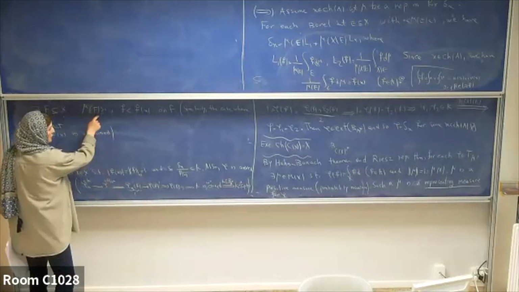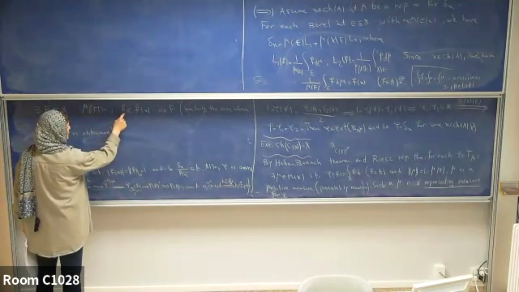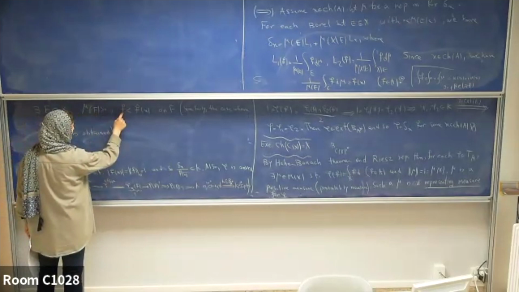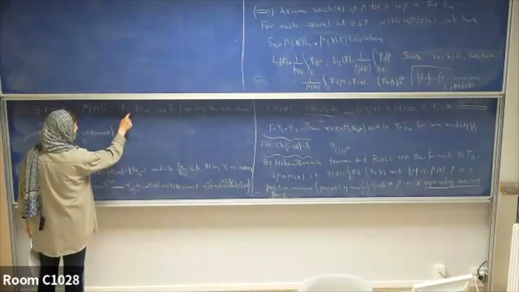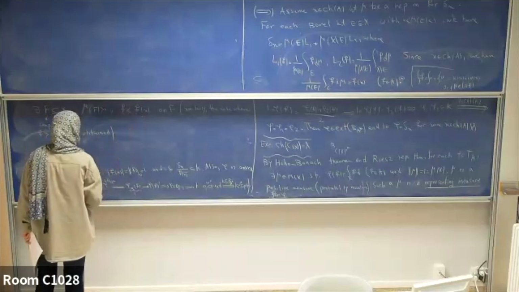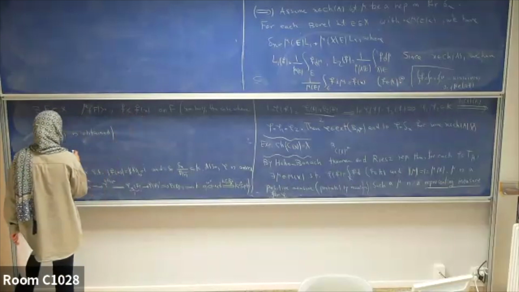Since F is compact and f is continuous, we can consider the maximum of f, which is strictly less than f of x, because f is continuous.